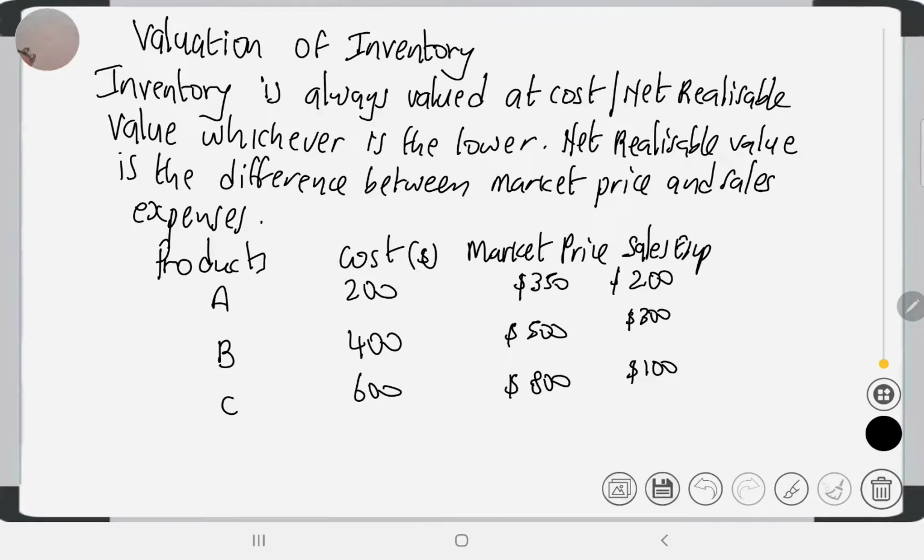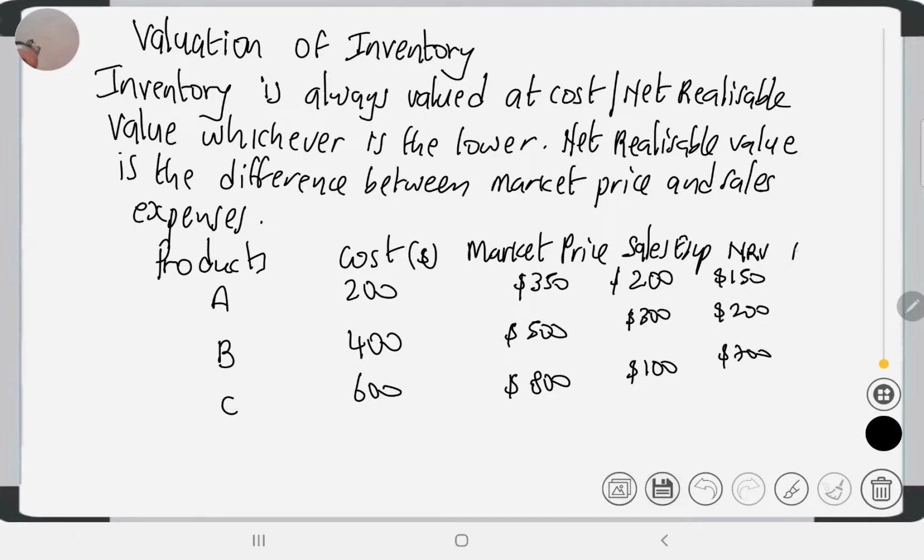Now, this is given, we have to calculate the value of inventory using lower of cost or net realizable value. First, we will have to calculate the net realizable value. 350 minus 200 gives us 150 net realizable value. This one 200 and this one 700.